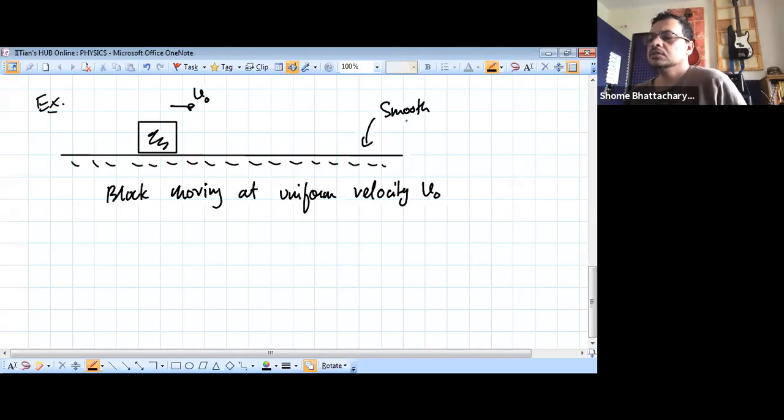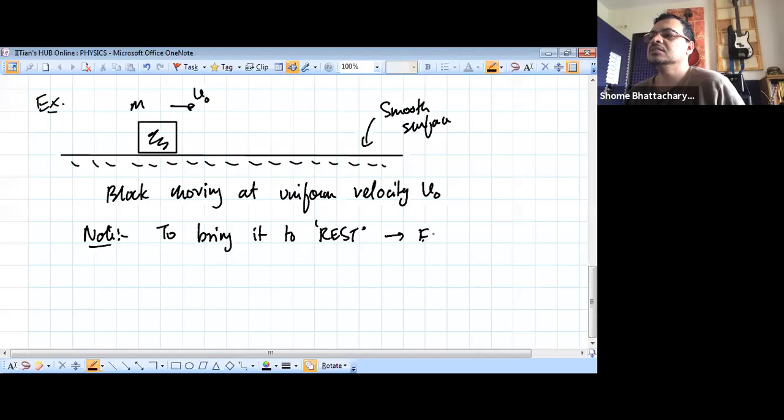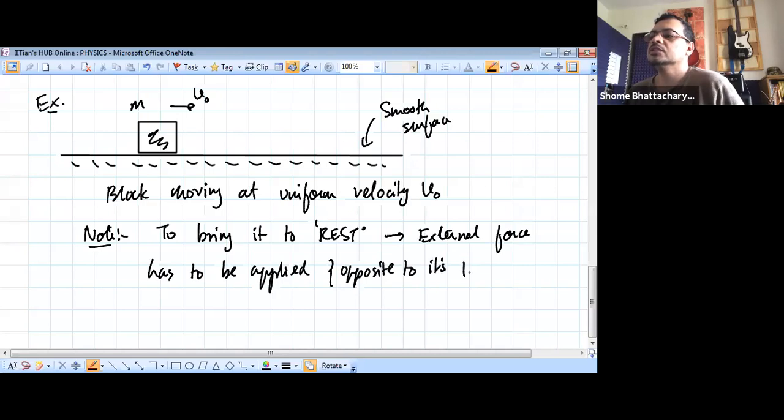So this is on a smooth surface. It's already moving with a uniform velocity v naught, and the block is of mass m. Now you can see that if we want to bring the block to rest, some external force has to be applied, opposite to its velocity.